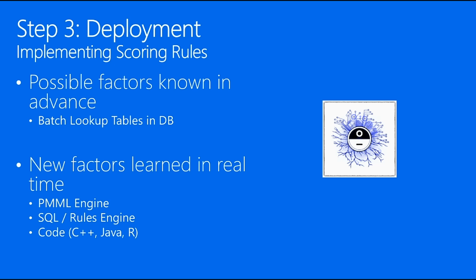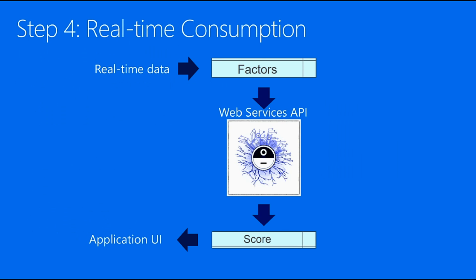You can write the code in SQL that does those transformations, or use some kind of pre-configured rules engine. Or you can just have a programmer convert those scoring rules into code in a language like C++ or Java or R. Whatever it is, the process is the same. You've got a system that can convert input data from the real-time environment into those scores and predictions through those scoring rules. And then it gets deployed into the real-time system.